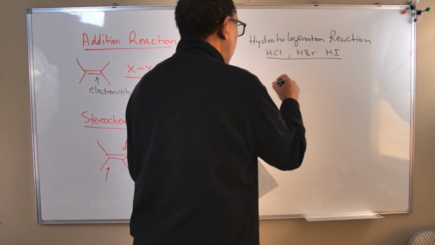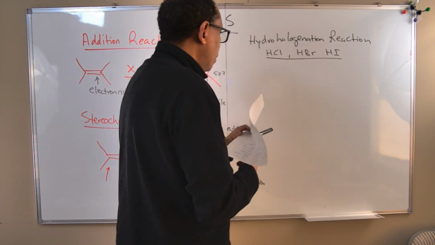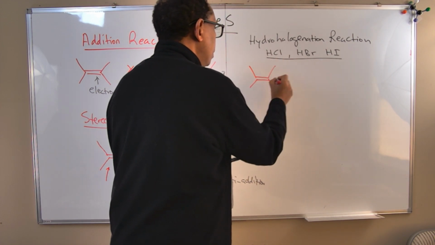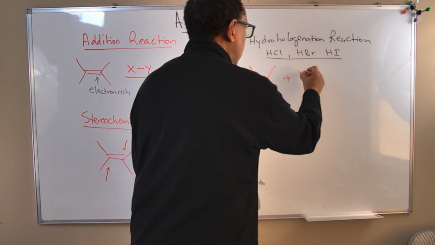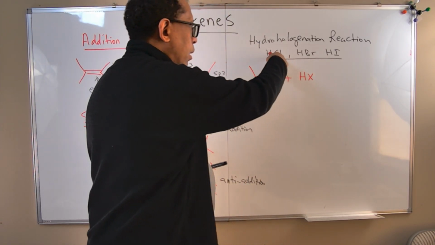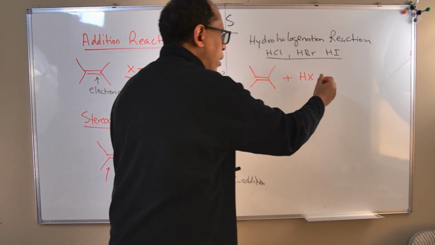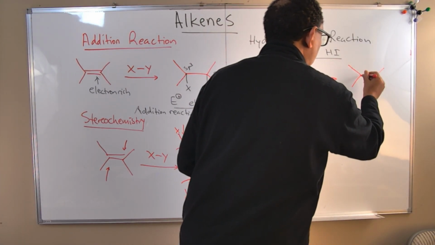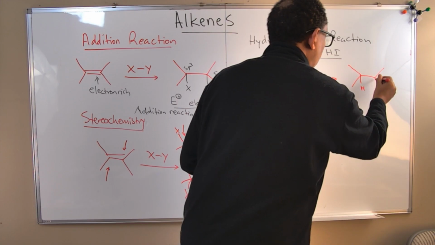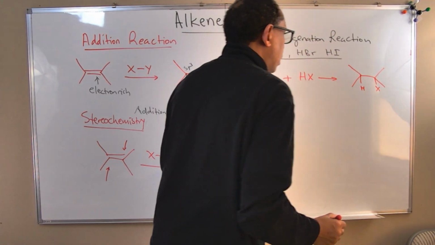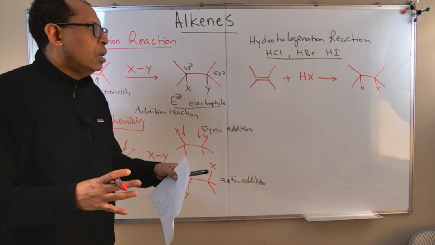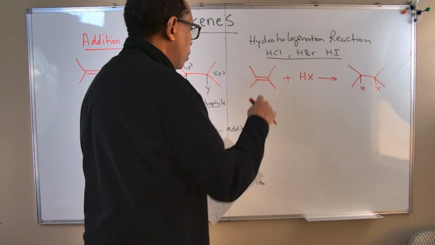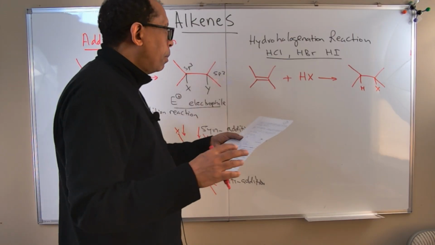For example, if you have this alkene and you are adding HX, one of chloride, bromide, or iodide, the product would have one hydrogen here and one X here. So that is hydrohalogenation. The pi bond is broken, and the sigma bond is still there.